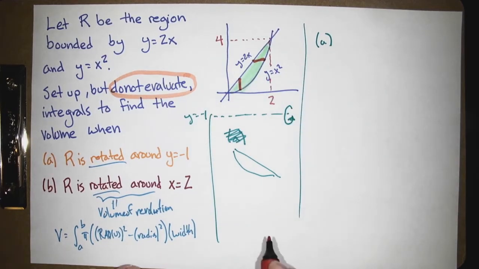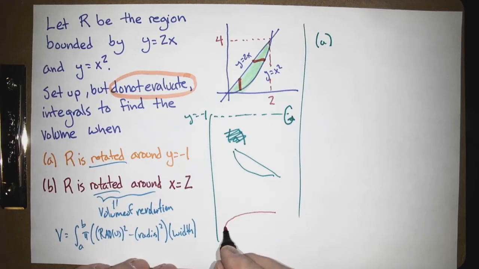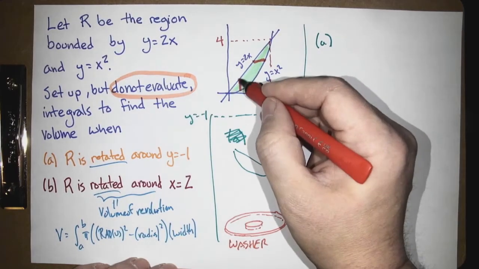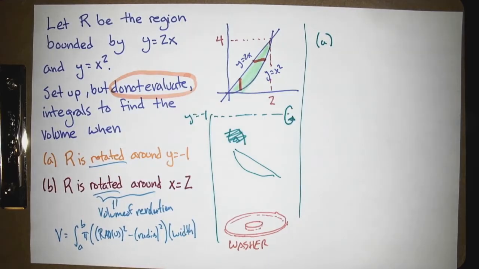It looks like you take a circle and you punch a little circle out, but it has just a tiny bit of width. This is what a washer looks like. So we need to take a vertical slice, which means we're integrating with respect to x.